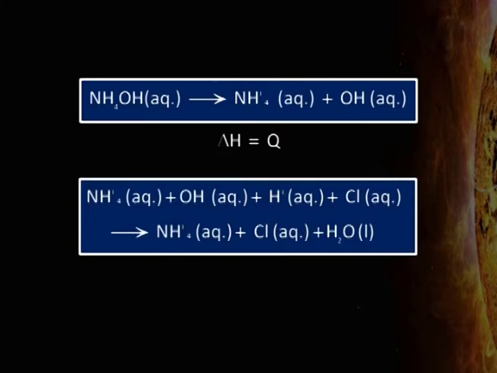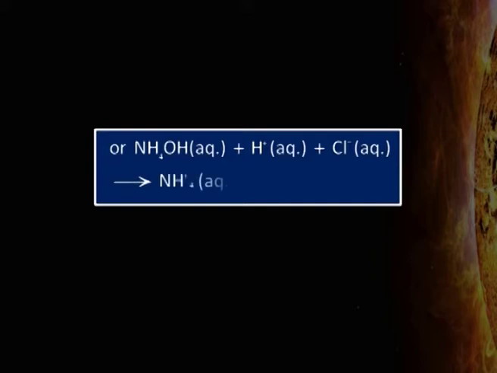The heat liberated in this reaction will be equal to minus 13.7 kilocalories. Therefore, NH4OH plus H plus Cl minus giving you NH4 plus Cl minus plus H2O. The heat of reaction for this reaction is equal to minus 12.3 kilocalories.